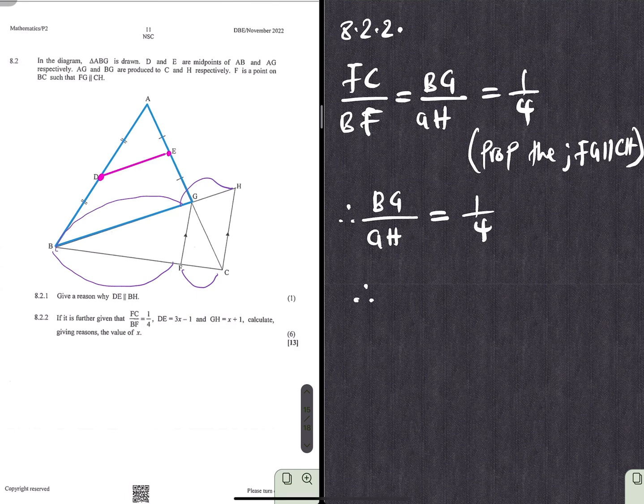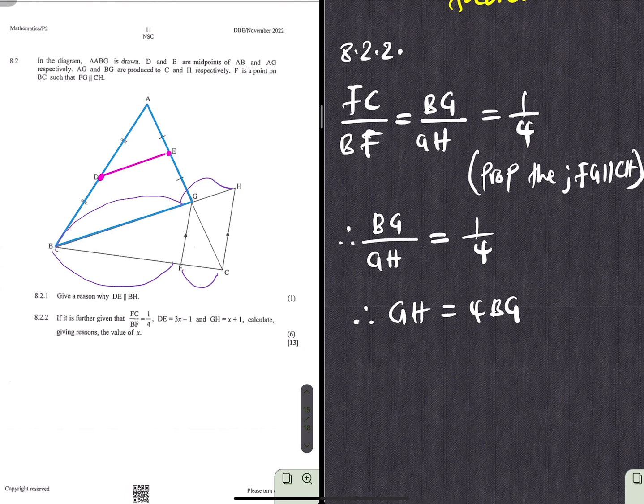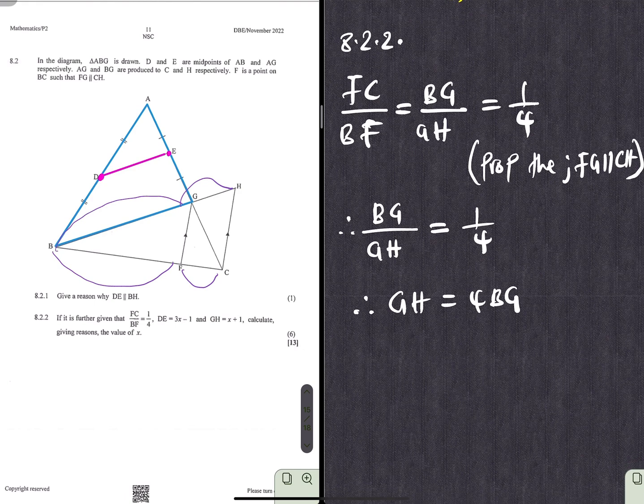Therefore, if you cross multiply, what are you going to get? GH is equal to 4 BG. Wait a bit, I don't want to make any mistakes.